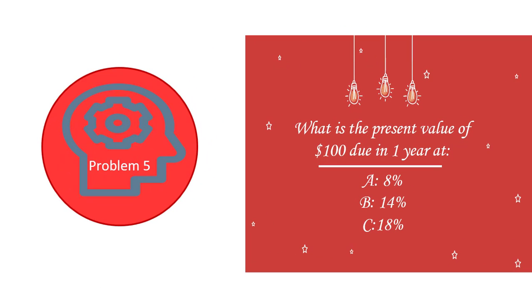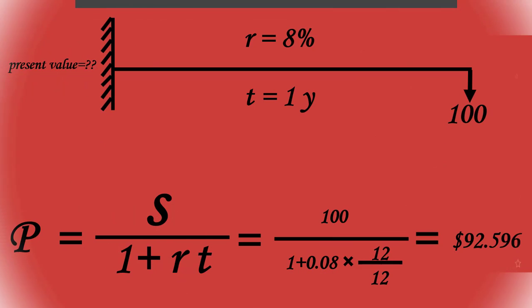The next problem, problem number 5. What is the present value of $100 due in 1 year at A 8%, B 14%, C 18%? Let's start with A, which is R equals 8%. After drawing the timeline, T equals 1 year, the future amount S equals 100, we need to calculate the present value in formula B equals S divided by 1 plus RT.